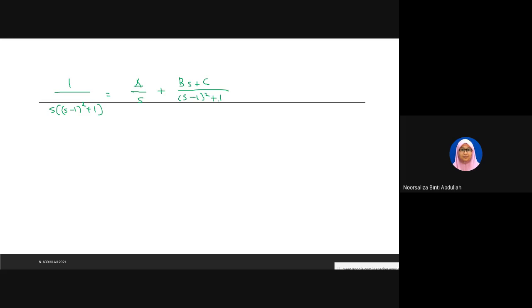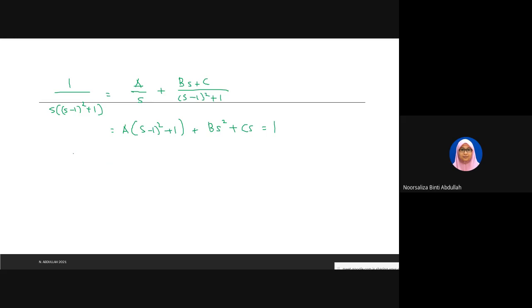Okay kan? So here you have a times with (s minus 1) square plus 1, plus bs square plus cs equals to 1.